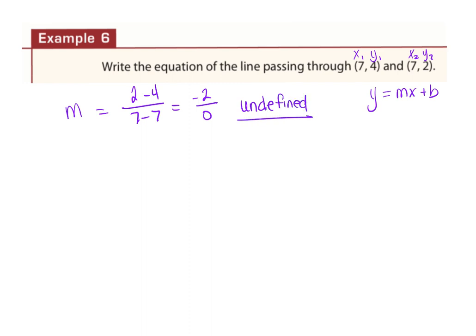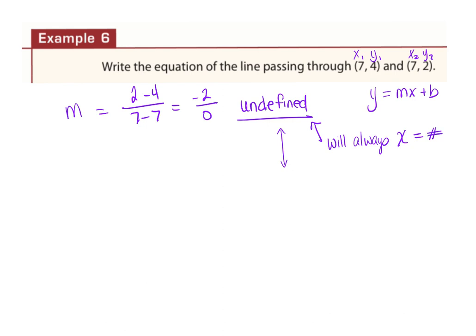All right, so earlier I had a 0 slope. What type of line did I have? Horizontal. Undefined slope, that is a vertical line. So an undefined slope will always indicate a vertical line, and will always give you x equals some number.